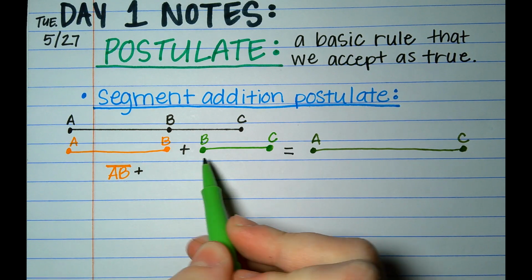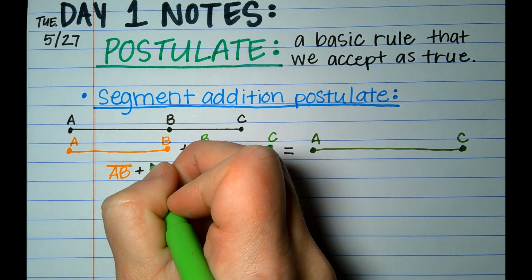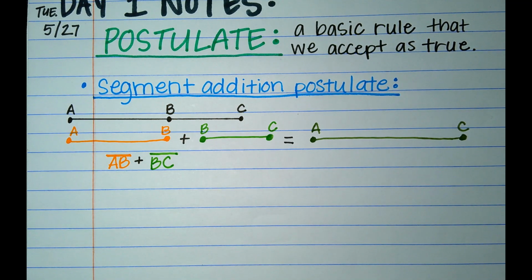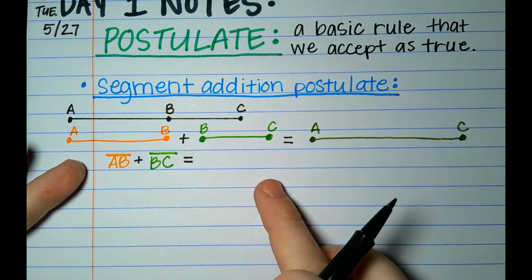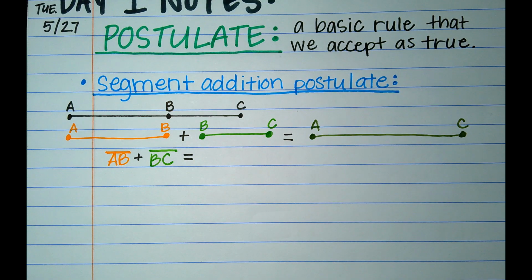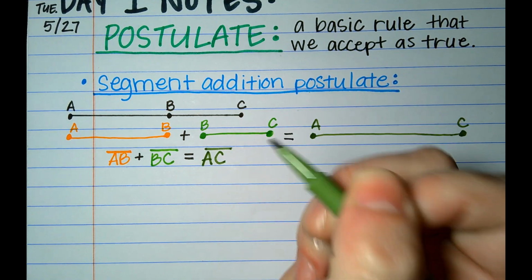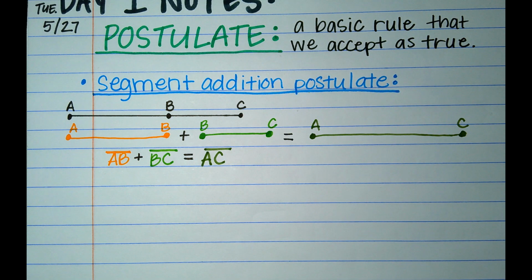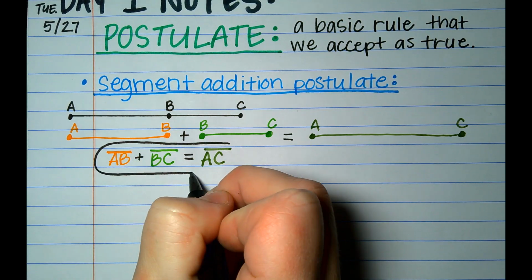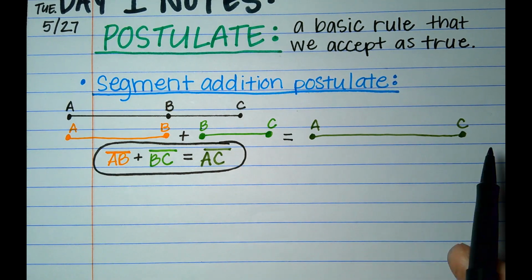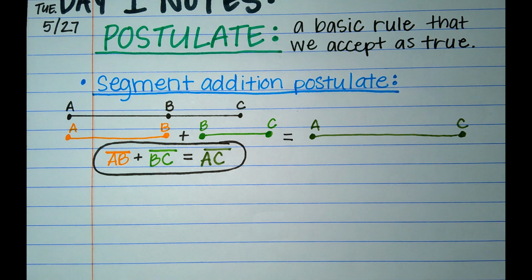And then if I wanted to annotate from B to C, I just write capital B, capital C with a line over it. And that is equal to, and this is the proper formula that we're learning, AC. And that's all there is to it. So this is sort of the formula for the postulate. This is just like the picture representation. This is what we're going to use as the quote unquote formula.